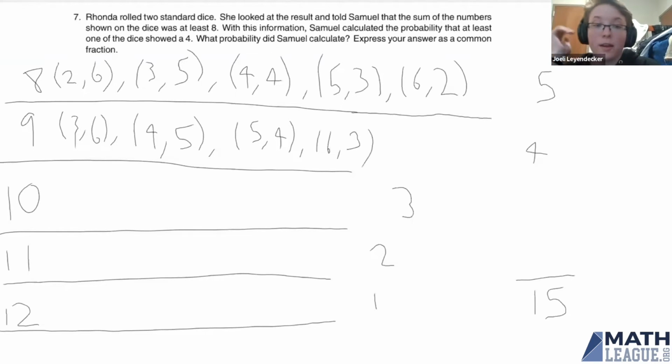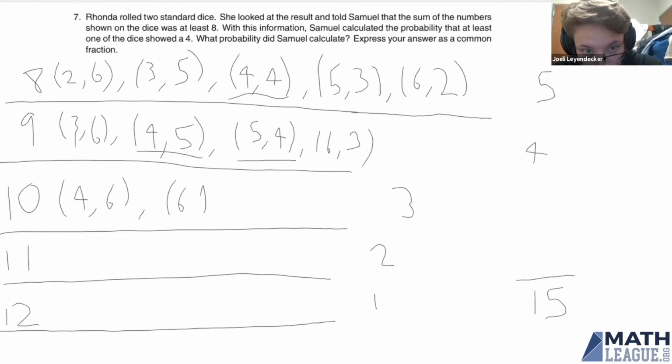And let's see, what possibilities does a 4 offer? Well, there's this 4 and 4 here. There's a 4 and a 5 here, a 5 and a 4 here. And then over here, we get a 4 and a 6 and a 6 and a 4 as 2 possibilities. And then the difference between 11 and 4 is 7, and the difference between 12 and 4 is 8.